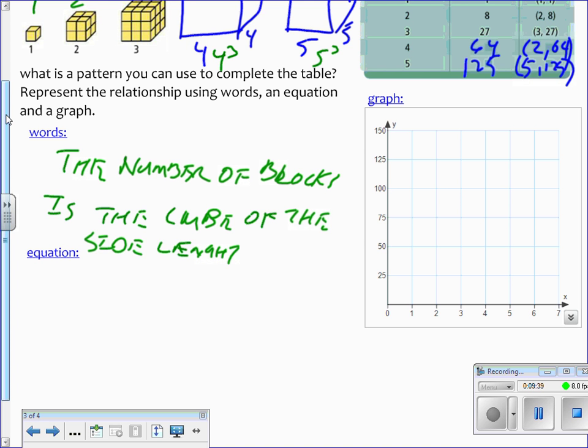Oh, I spelled it backwards. The number of blocks in a cube is equal to the cube of one of the side lengths. That's why we call something to the third power a cube: length times width times depth. If they're all the same, it's a perfect cube.